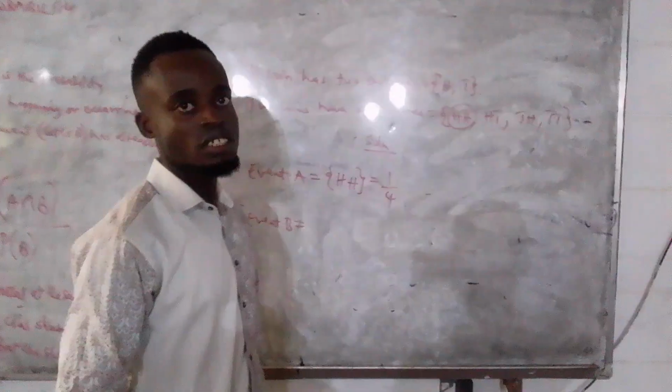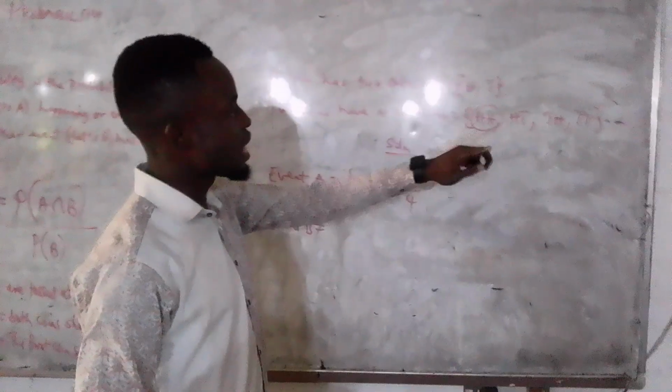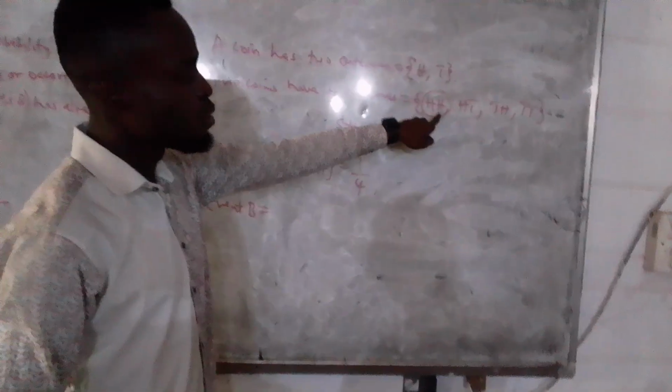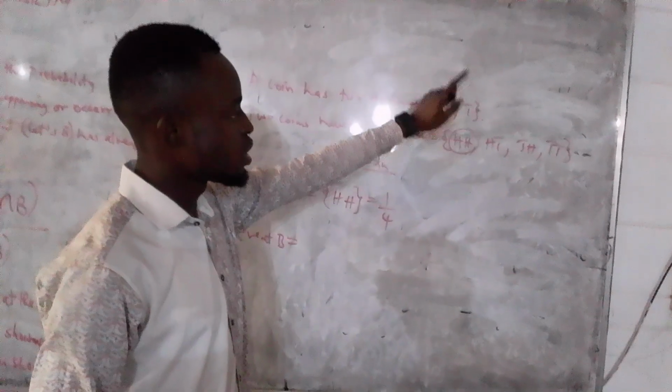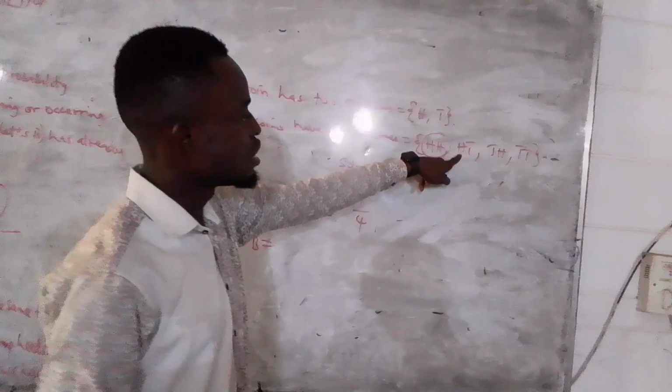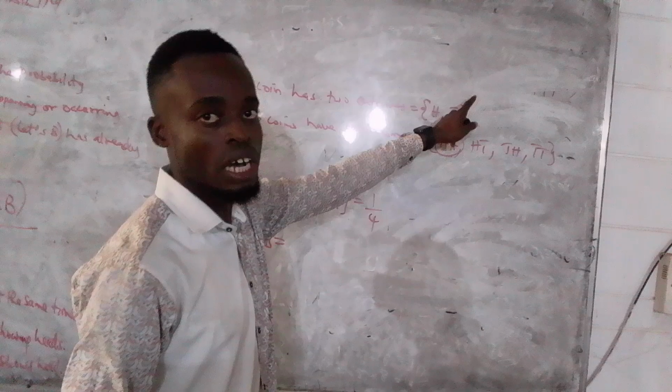Then event B. Event B is the first coin shows head. Now let's find out where head comes first. Here we have head followed by head, so this one is counted. Then the second one, head followed by tail, is also counted.